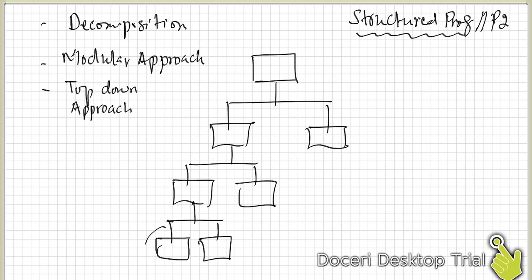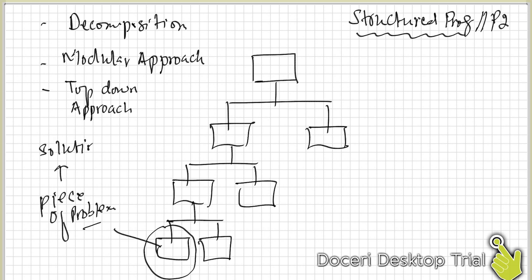So you finally reach a piece of problem that the programmer takes to write a solution for. This approach is called the modular approach. This small block is called a module.